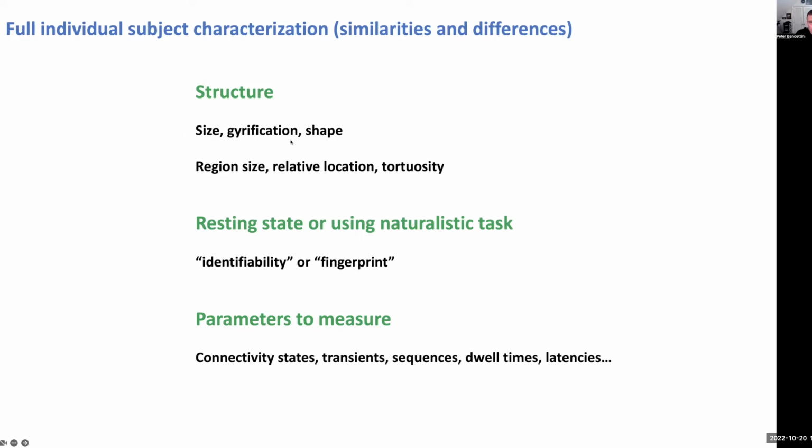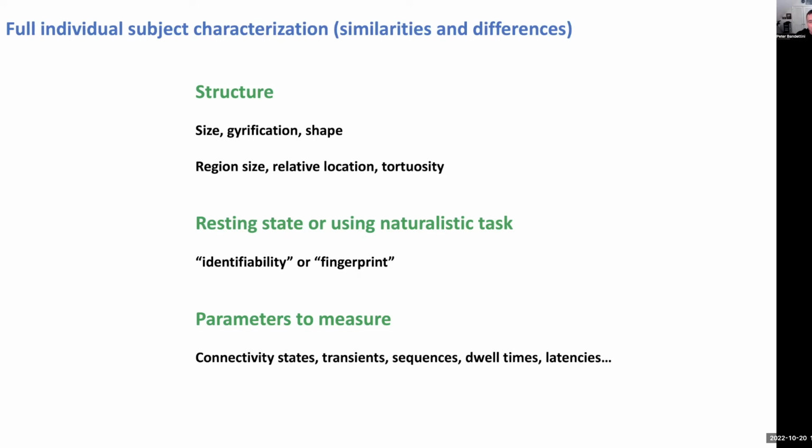There are structural differences. There's resting state, or individual differences with specific naturalistic tasks. One clever thing being done with naturalistic tasks is using them as a sort of litmus test: finding the right task that optimally pulls out differences. For instance, if you have a tendency for paranoia, and you're listening to a story or seeing a video that is ambiguous in some way, your differences might be pulled out more than in other subjects.